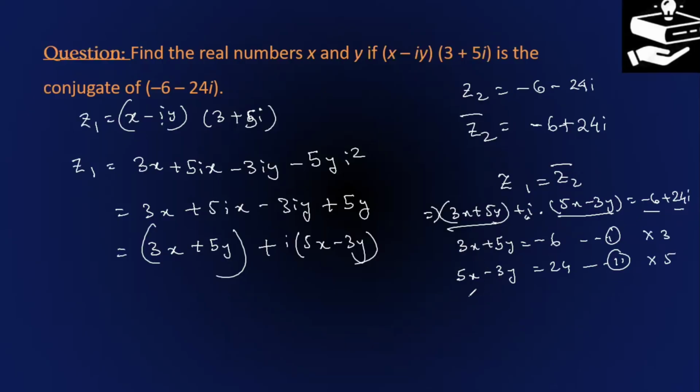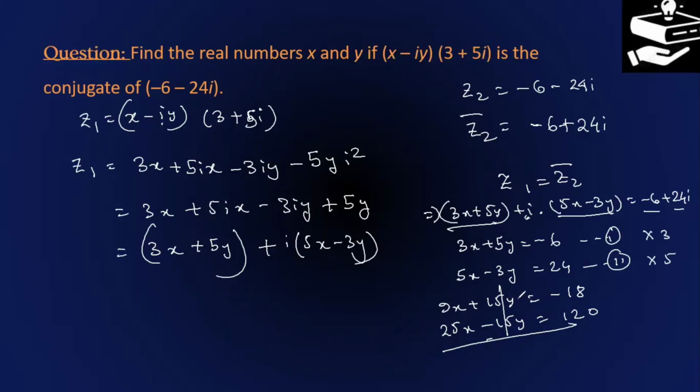I will get from the first equation 9x plus 15y is equal to minus 18. On the other hand, 5 5s are 25x minus 15y is equal to 120. Okay, now if we add them up, 15y will get cancelled out. 25 plus 9 is 34, right?